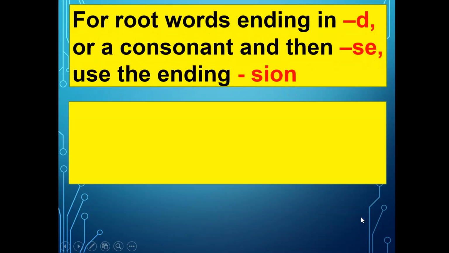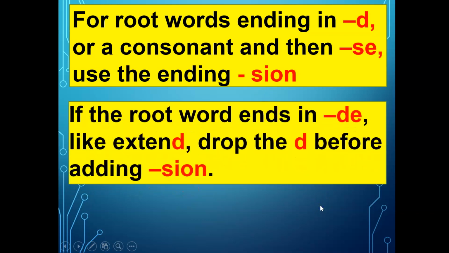Now for root words ending in D or any consonant and then SE, use the ending SION. This is also one of the most common suffixes which we use in the ending. There are two rules I am discussing with you.